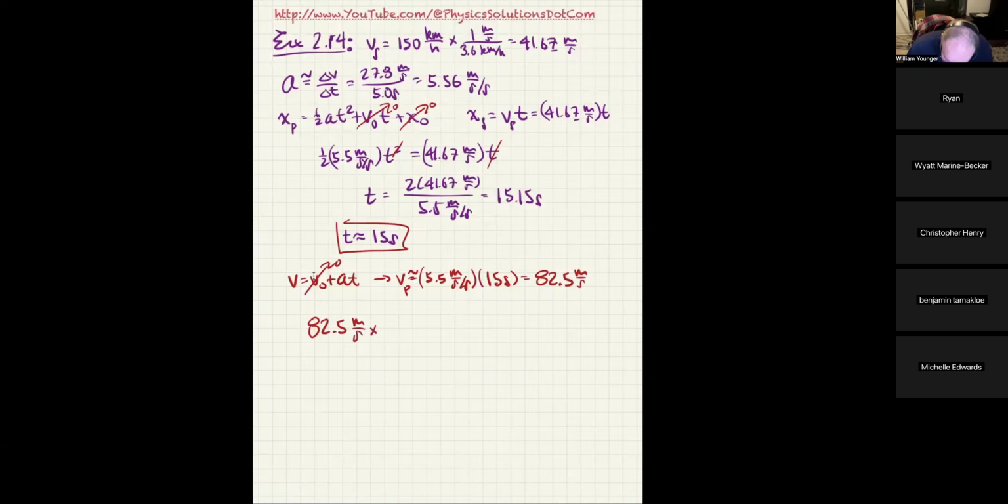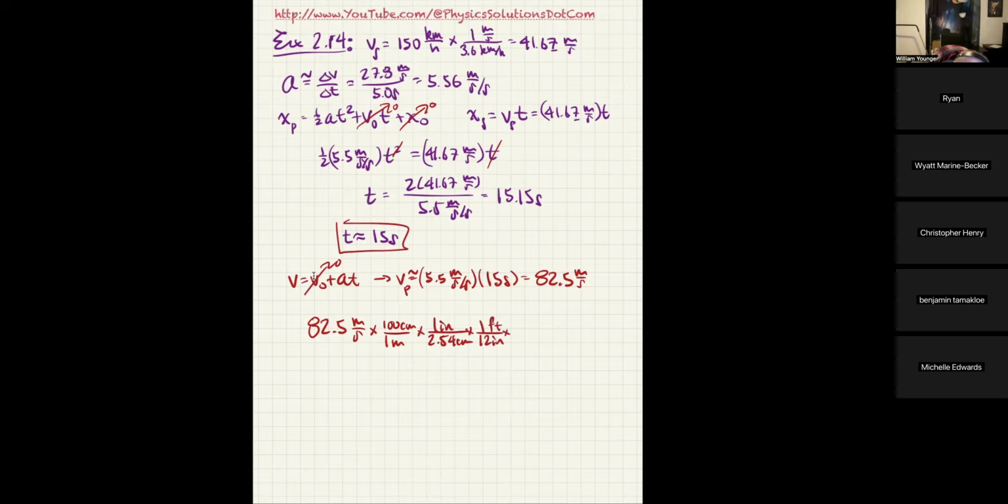What I know is that 1 meter is equal to 100 centimeters. And 2.54 centimeters is equal to 1 inch. And 12 inches is equal to 1 foot.